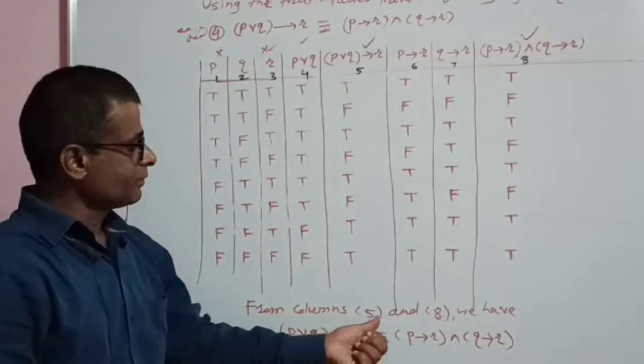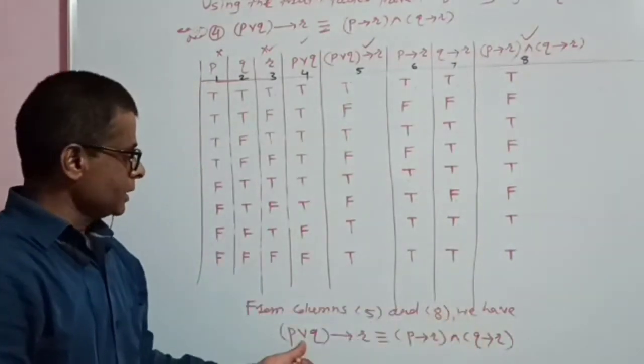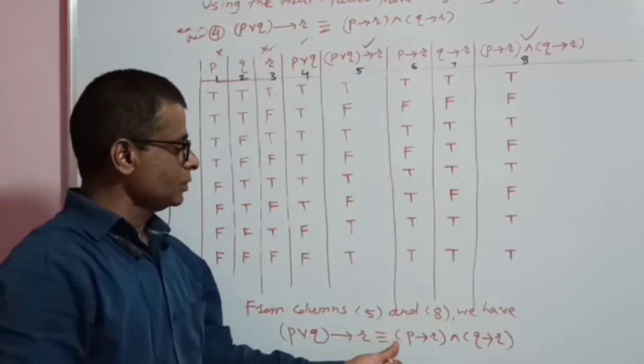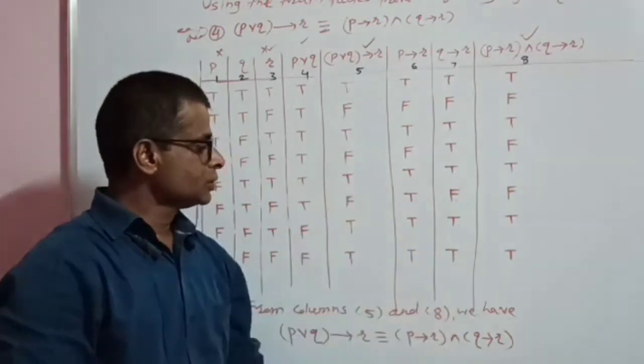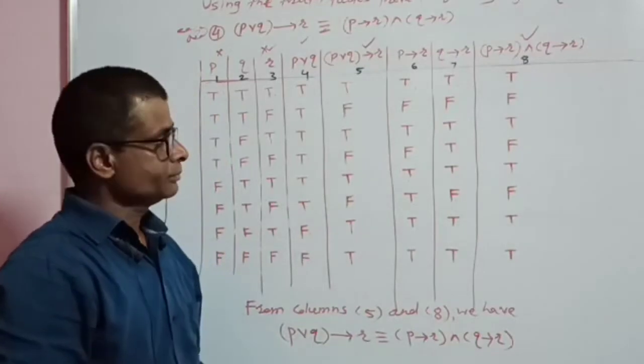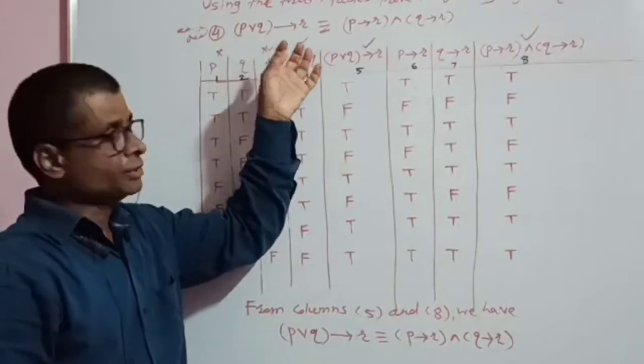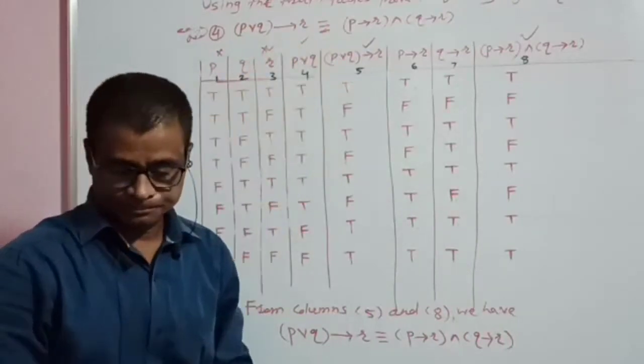So from columns 5 and 8, (P disjunction Q) implication R is logically equivalent to (P implication R) conjunction (Q implication R). So this is the proof of the given logically equivalent statement patterns.